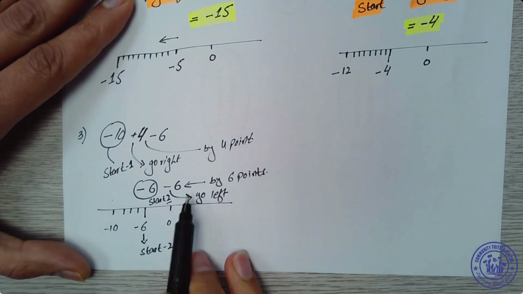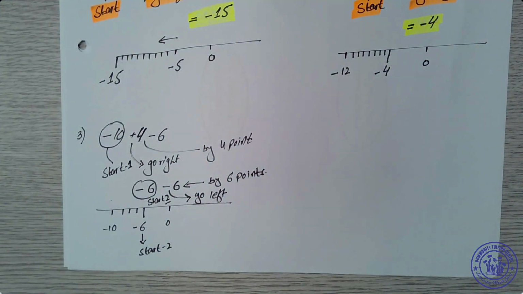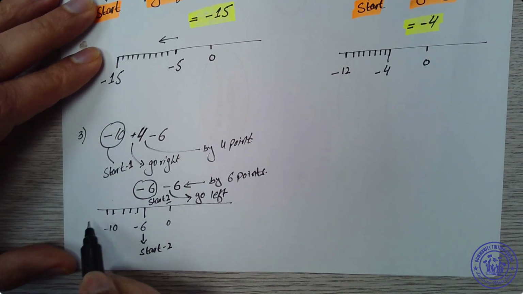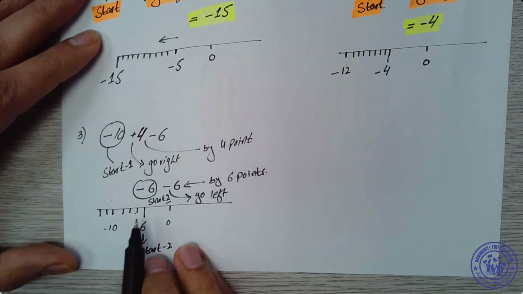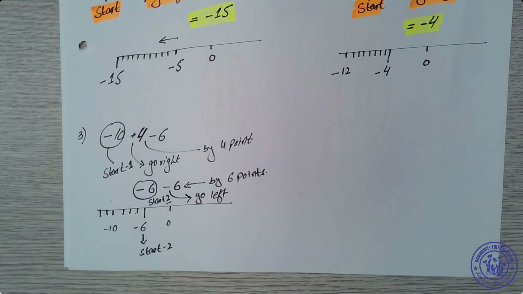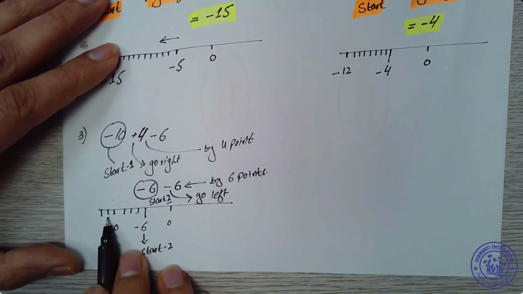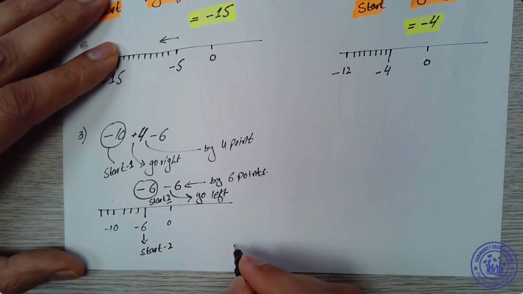I'm going to go left. How many points? 6. So I've got 1, 2, 3, 4, and I'm going to put 2 more marks here. If you go backwards, now your numbers are going to go up. So it's going to be minus 7, minus 8, minus 9, minus 10, minus 11, and minus 12. So my answer will be minus 12.